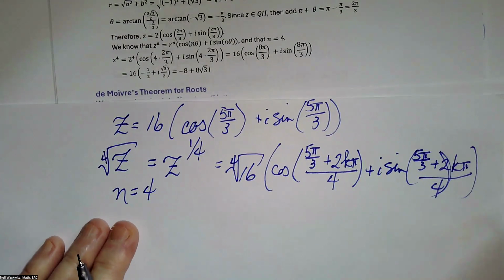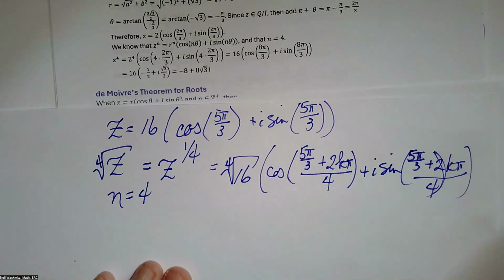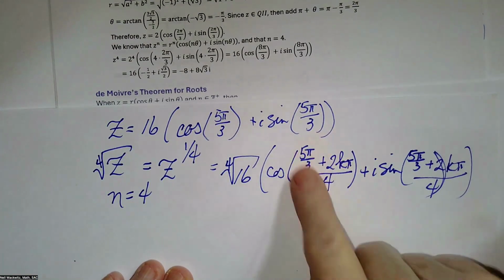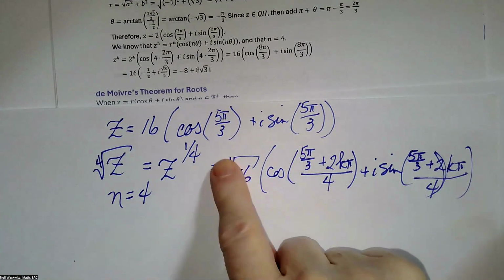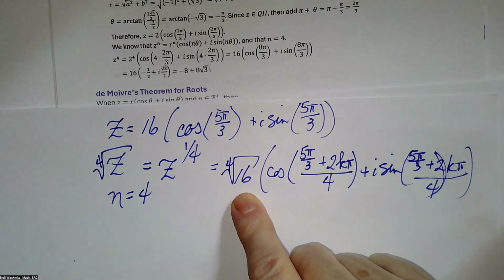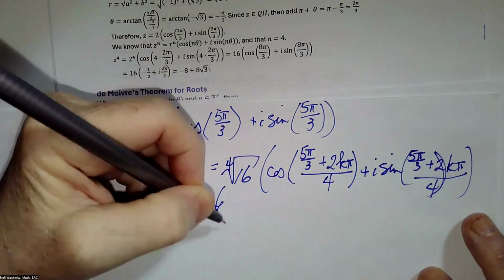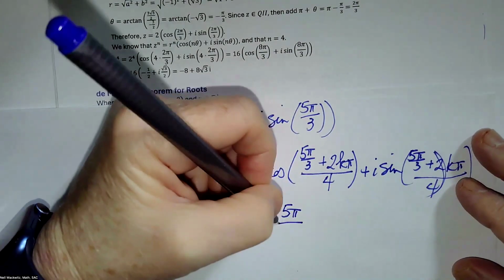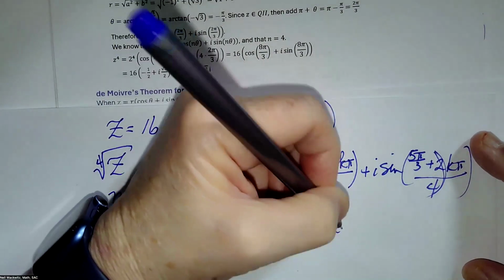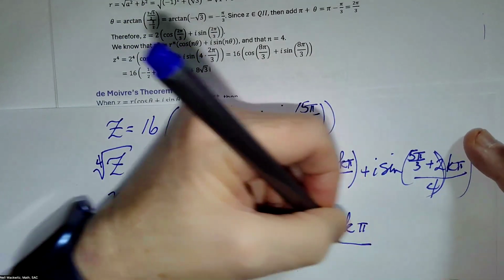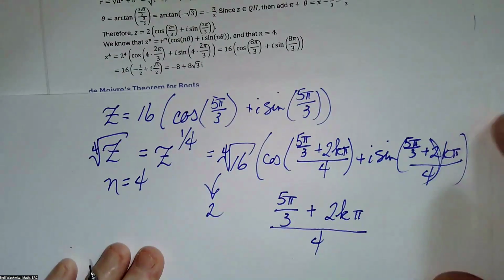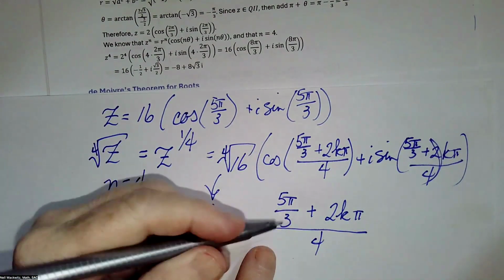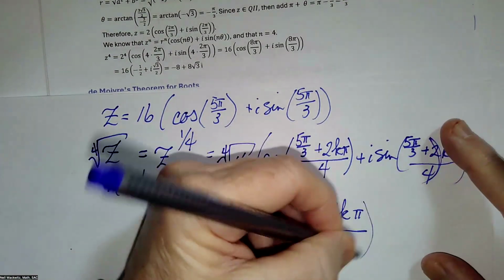So we need to do two things before we can write down solutions. We need to make this complex fraction a regular fraction, and we need to take the fourth root of 16. Well, the fourth root of 16 is just 2. And let's see, we've got 5 pi over 3 plus 2k pi, all divided by 4. The denominator of the fraction inside is 3.